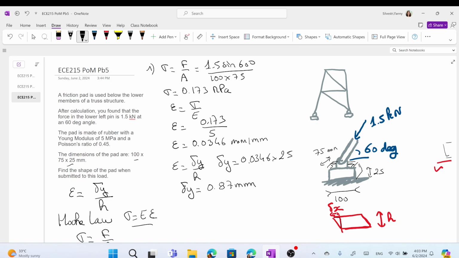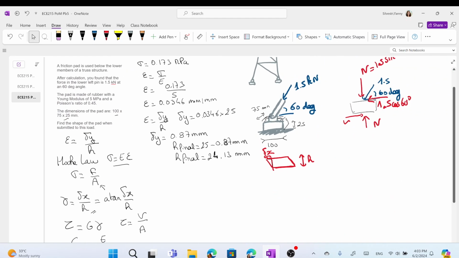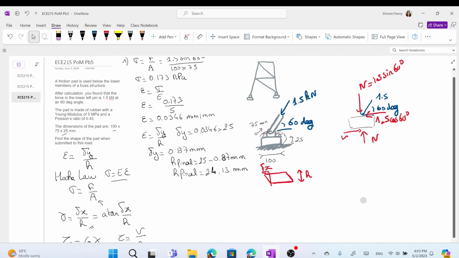So the new h, the h final, will be 25 minus 0.87 millimeter, so h final equals 24.13 millimeter. Okay, this is for the normal strain and the change in dimension in the y direction.